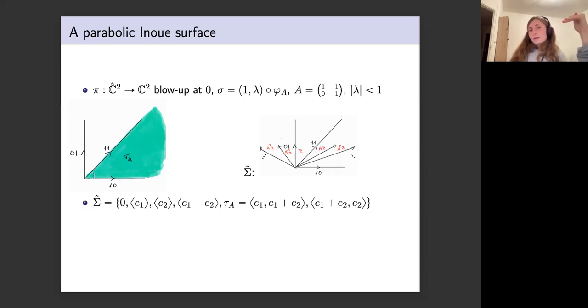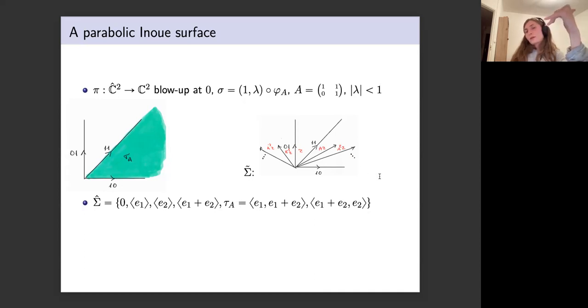But A of (0,1) is (1,1), and then you will just add Z copies of this. So you just get a fan which has (1,0) once, and then Z copies of the same ray. And A acts on this fan by sending each of these rays to the next one and by fixing (1,0).